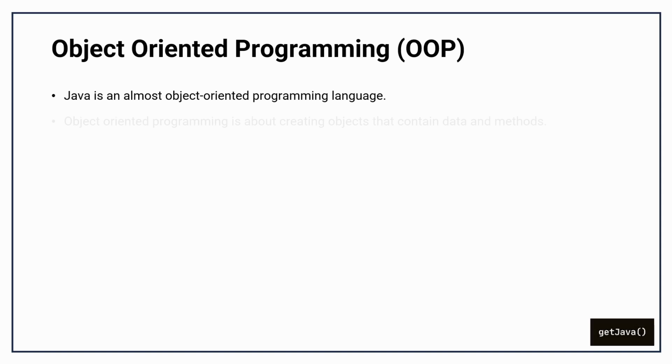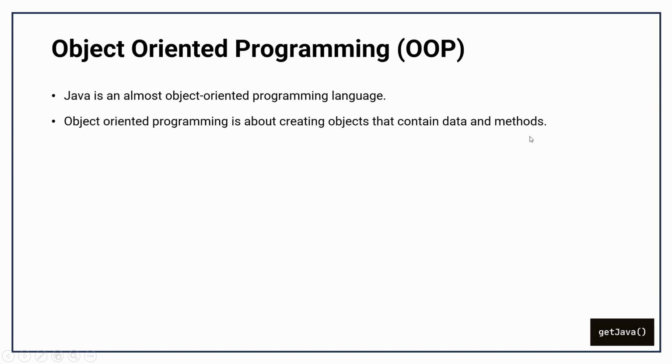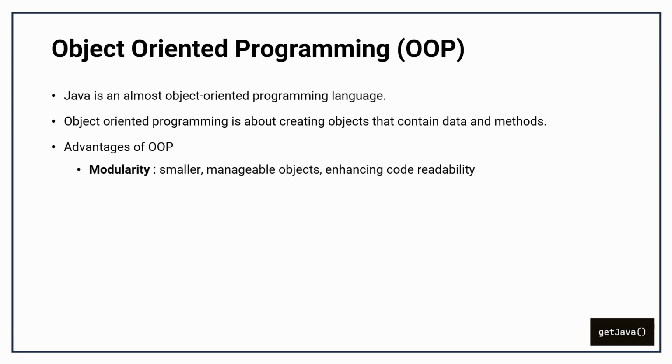Let's see the second point. So what is object-oriented programming? It is about creating objects that contain data and methods. What data and methods are, we will see later in the video. Let's move forward. So we will see a few advantages of object-oriented programming. First is modularity. Modularity means we can create smaller manageable objects which will enhance code readability.